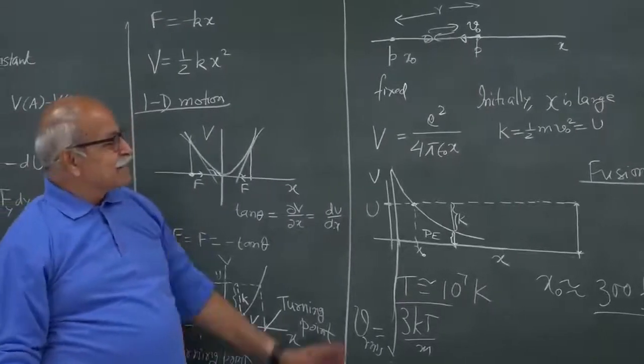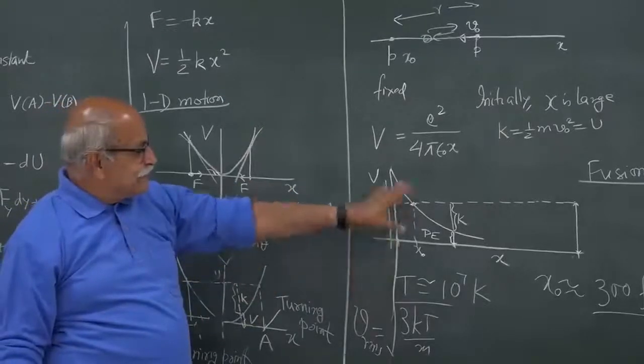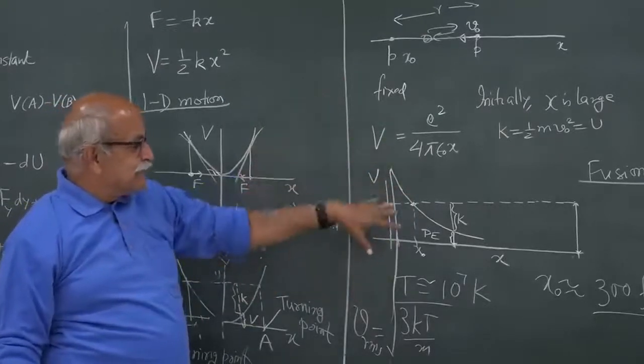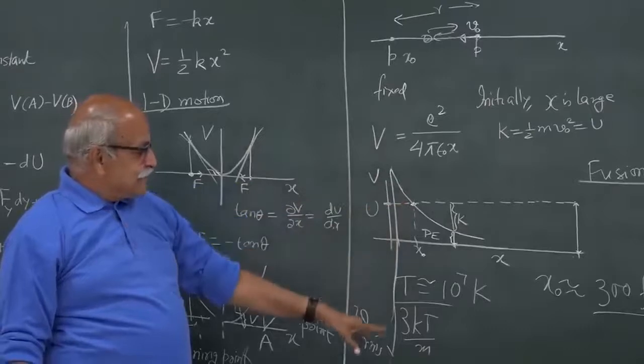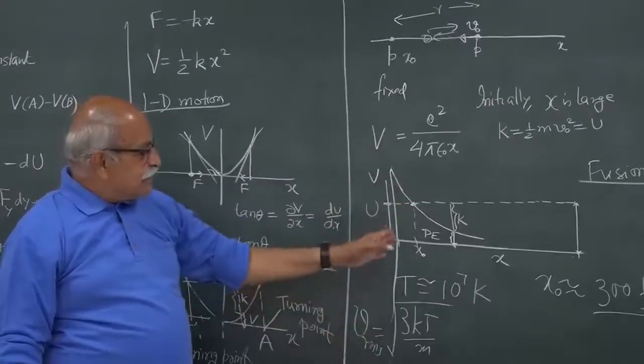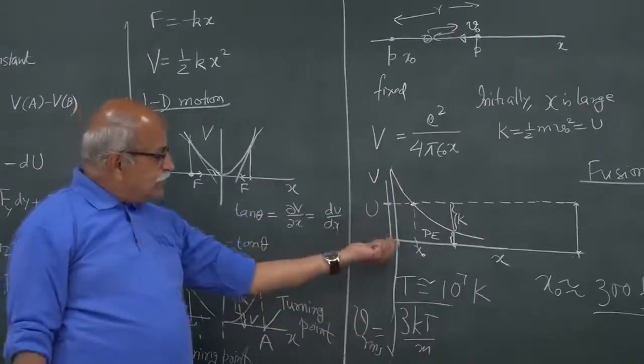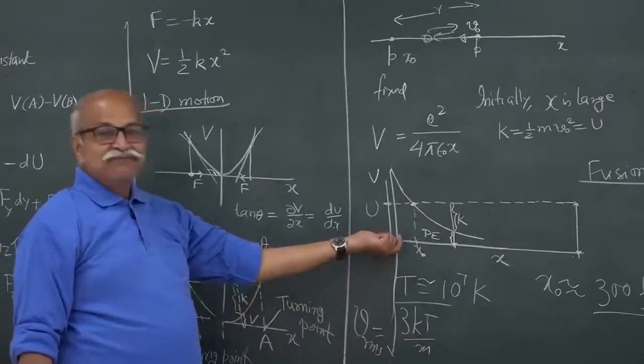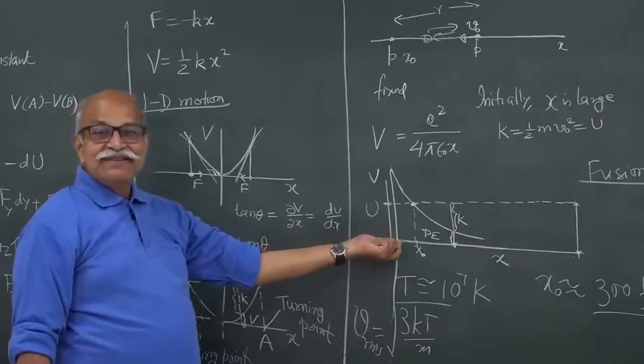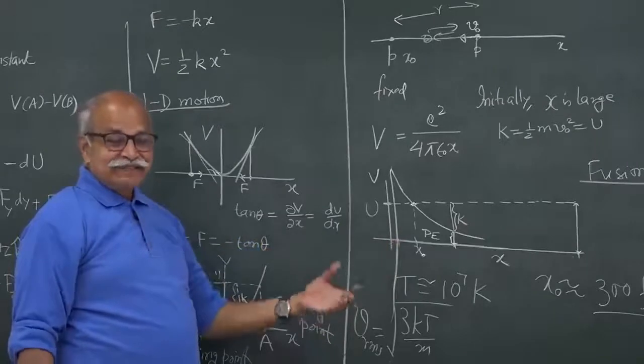So there are some other phenomena, barrier tunneling and all those quantum mechanical phenomena, which finally give us the required number of protons actually reaching here and then fusing and creating the energy of the sun.